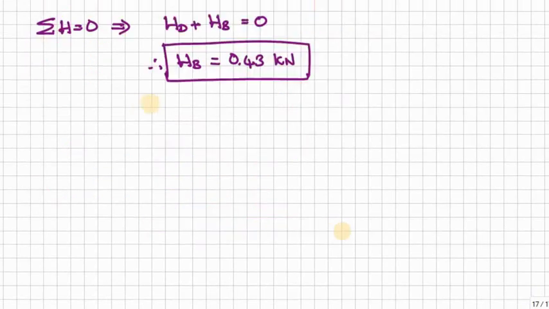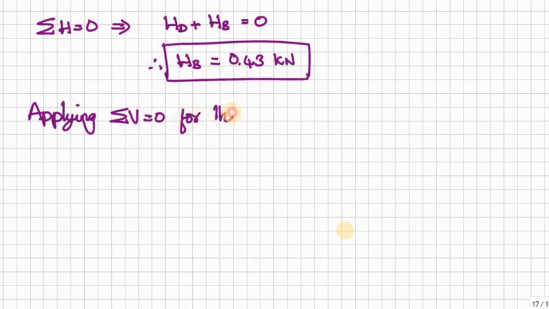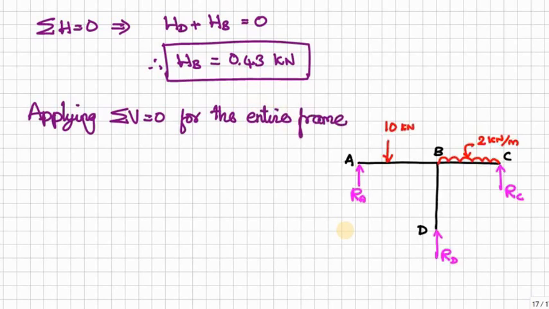Now apply sigma V is equal to 0 for the entire frame. So here we have RA, already we found the value for RA, here RC, here RD.